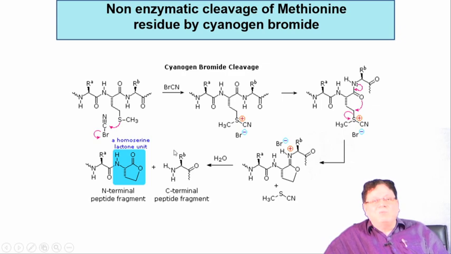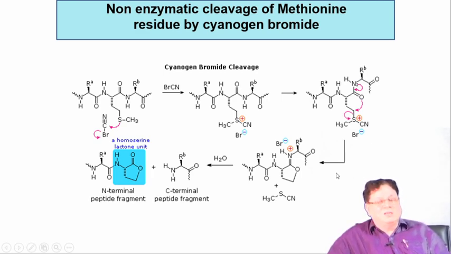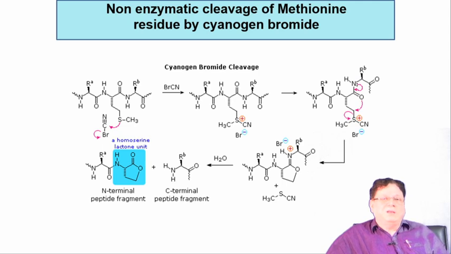That peptide bond is not there, and you have a new peptide which is devoid of this from the left side, whatever is residing here, whatever the number of amino acids here, that is gone. So, the methionine part is converted to the N terminal peptide fragment. So, this is a very important reaction, cyanogen bromide, very specific only for methionine.